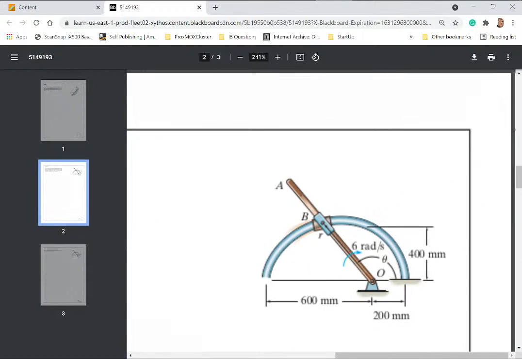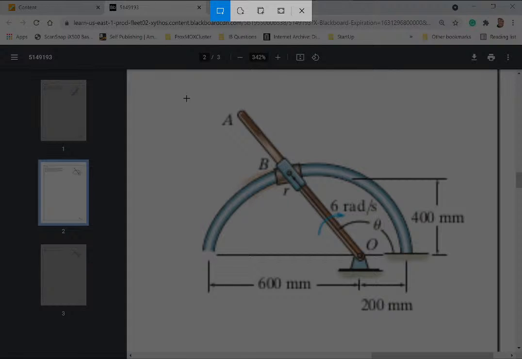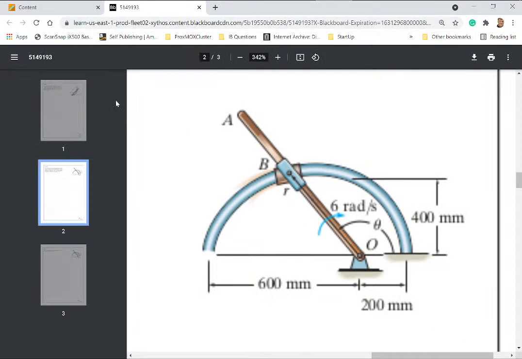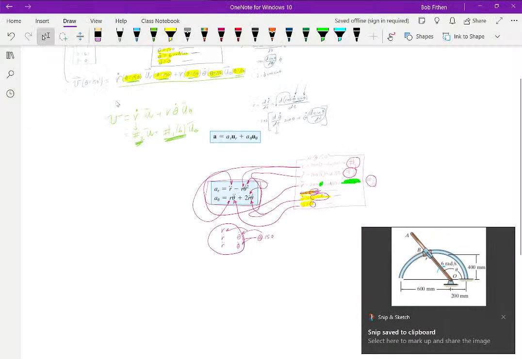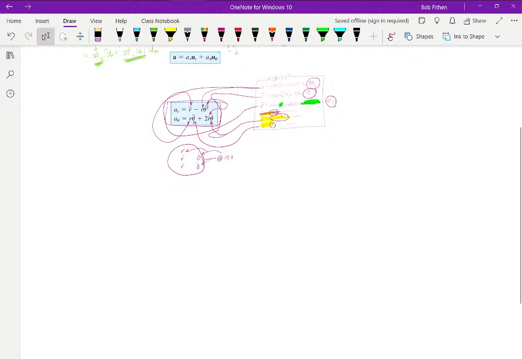So if we look at this picture, and we head back over here, drop this picture in here.